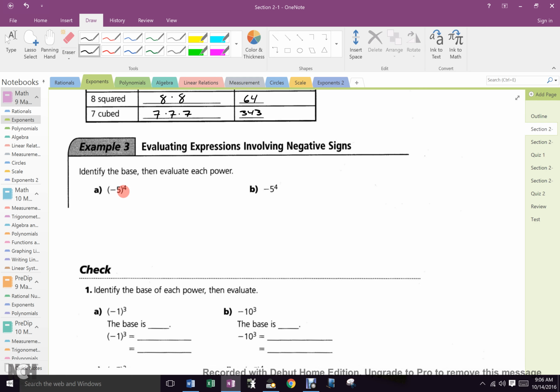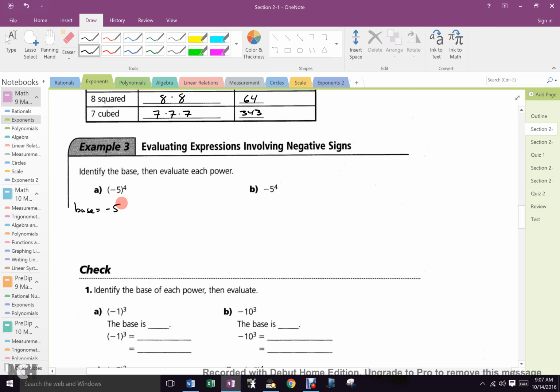Why is it -5? Why did you include the negative when you said -5, Stephen? Because you're right. What is it about the way this is written that made you include the negative? It's in brackets. So the base equals -5.